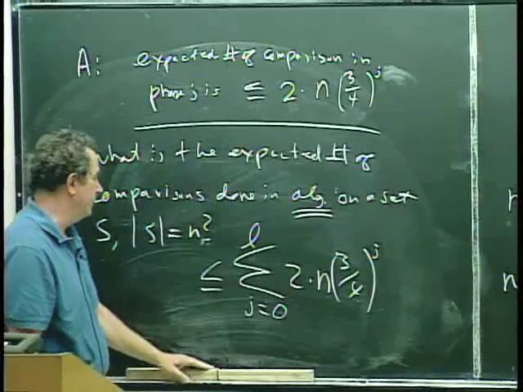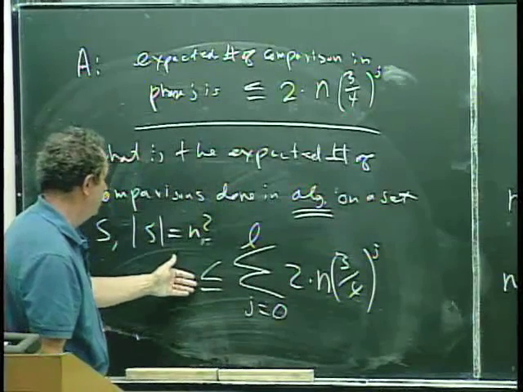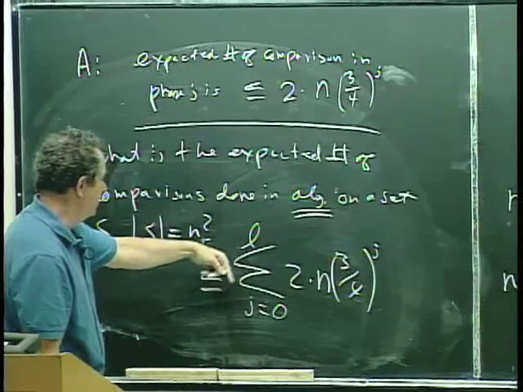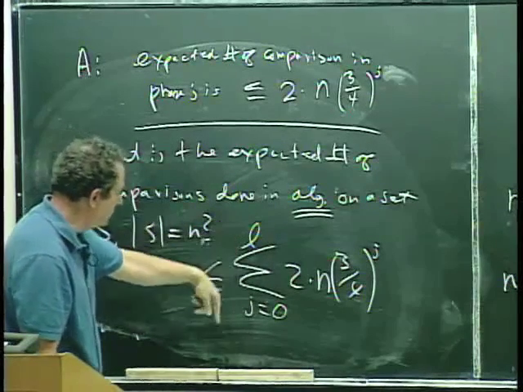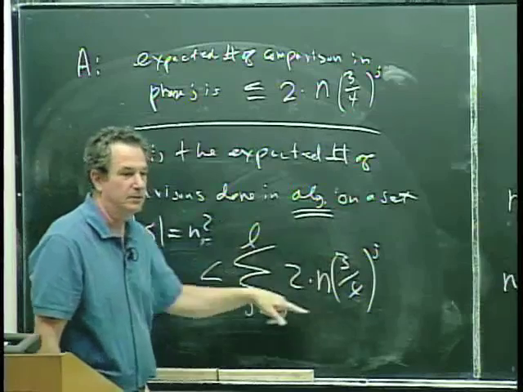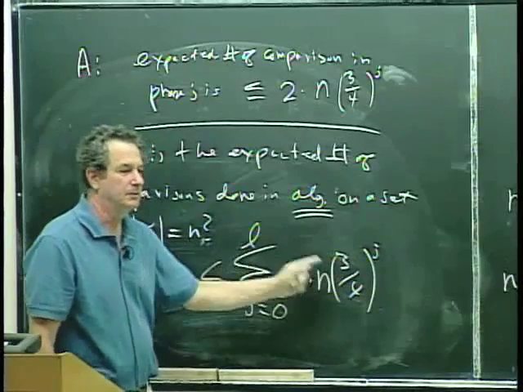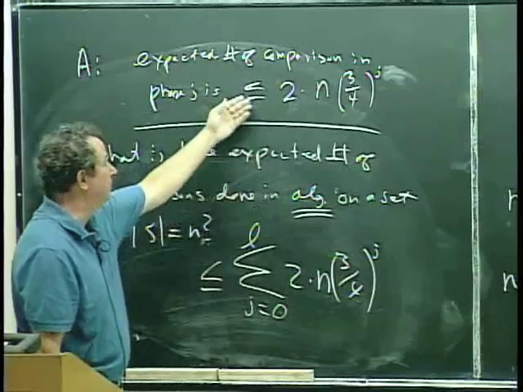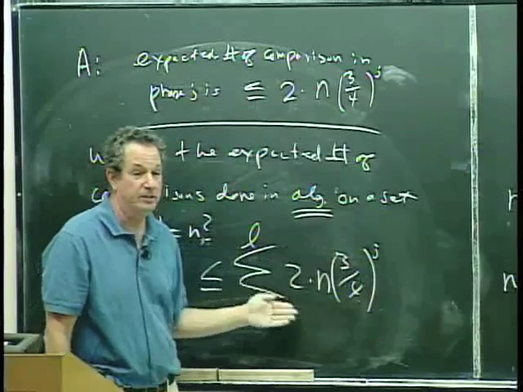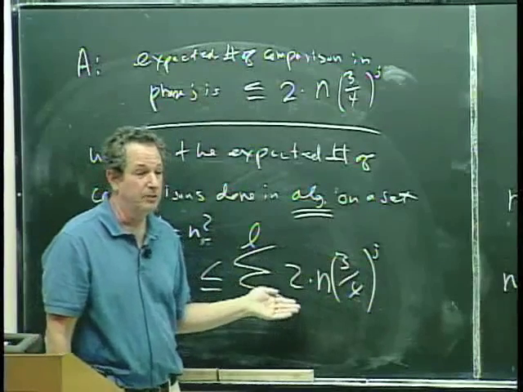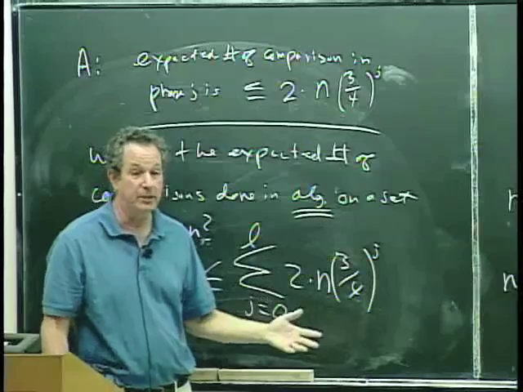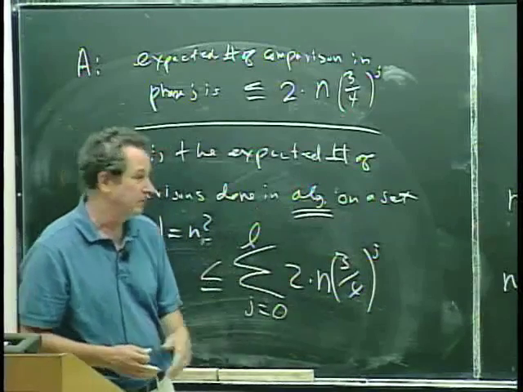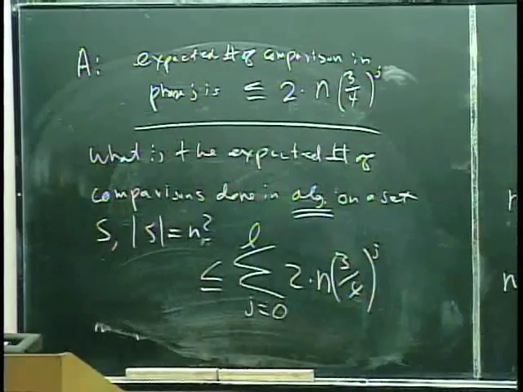But what allows me to say that this is right? I'm just summing over the expected number of comparisons in each phase individually. Why is that the expected number of total operations in the algorithm? Because of the linearity of expectation.